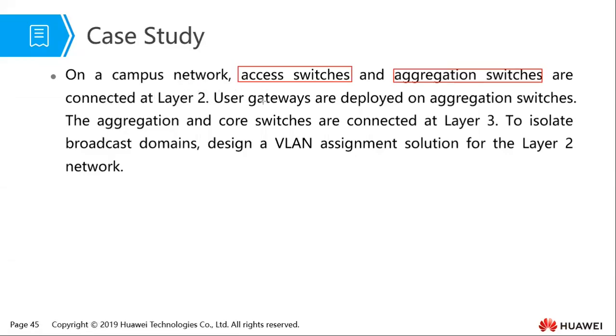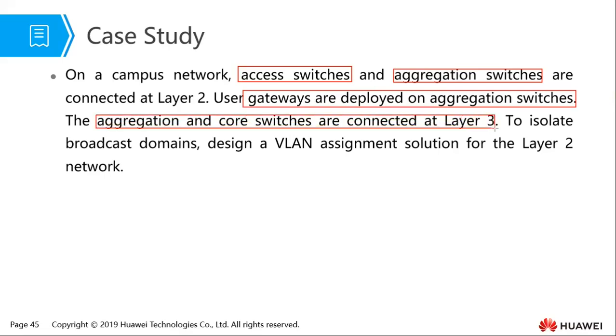User gateways are deployed on the aggregation switches, and aggregation and core switches are connected at layer 3 in order to isolate broadcast domains. So we need to design a VLAN assignment solution for the layer 2 network.